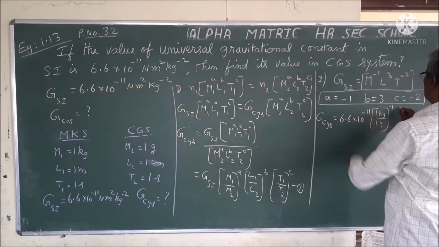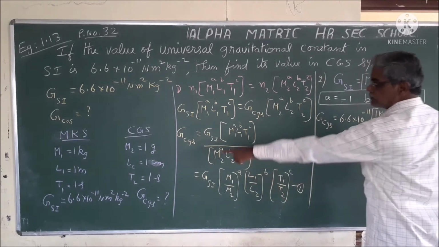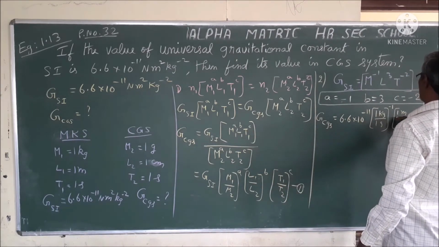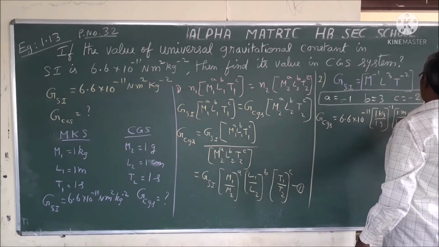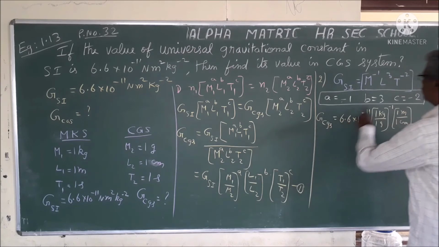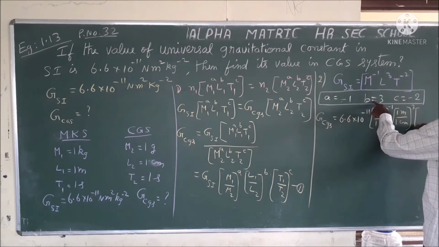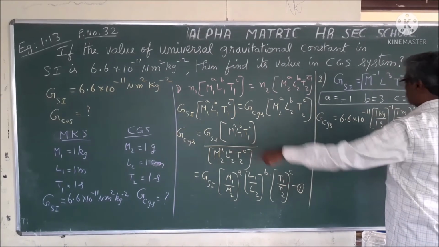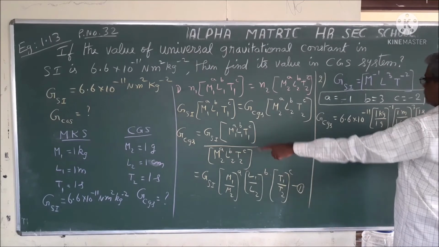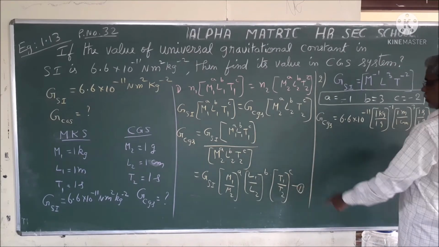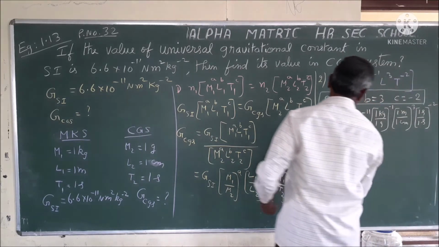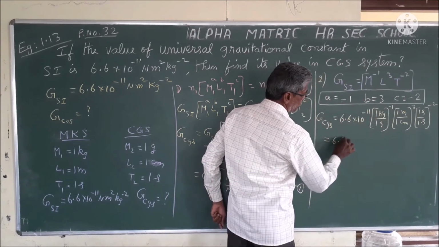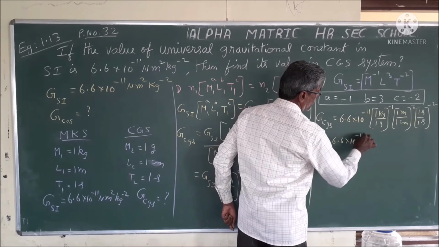Minus 1. Then L1, 1 meter, L2, 1 centimeter, and B value 3. Then T1 1 second, T2 1 second, whole power C value minus 2. So this is equal to 6.6 into 10 power minus 11.